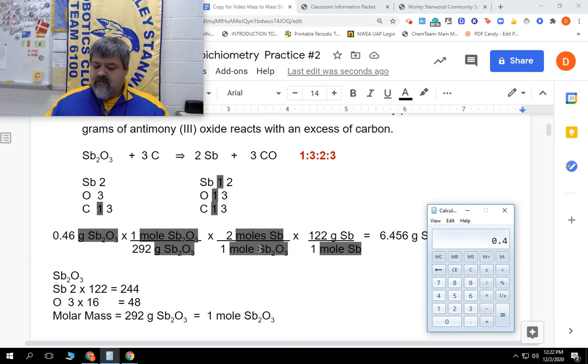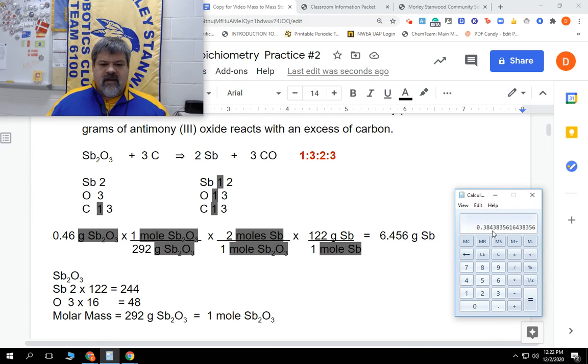So 0.46, let's get it right. Divide by 292. Multiply by 2, then multiply by 122 equals, there, that's a different answer. Okay, I didn't think that one looked right. This one looks better, but let's double check and make sure that we're the same.